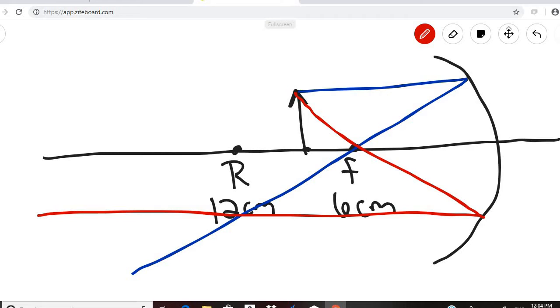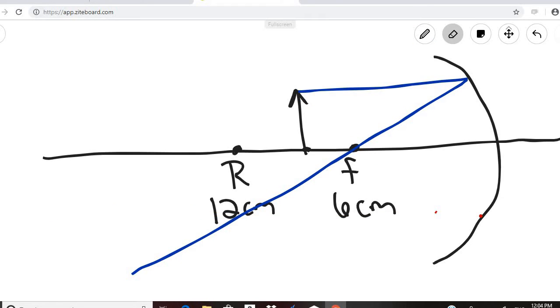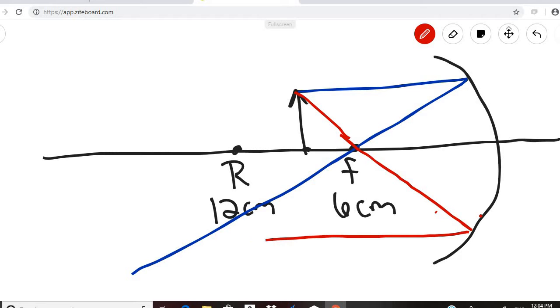Okay. I'm going to draw that again. Okay, so in through the focal point will be reflected out horizontally. Okay.